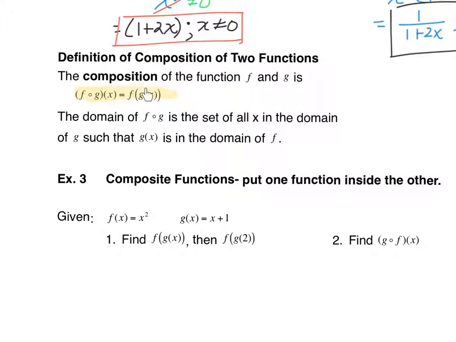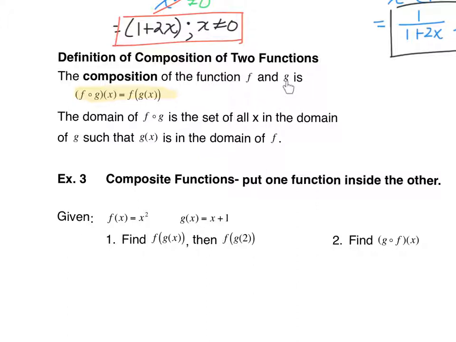This used to be f of x, but instead of f of x, we've got g of x in there. So we're just taking g of x and substituting it into the f function wherever you see a variable. The other thing that's important, which we're going to talk about more in a minute, is that when you have a composition, you're going to have to find the domain of your f function and the domain of your g function separately.